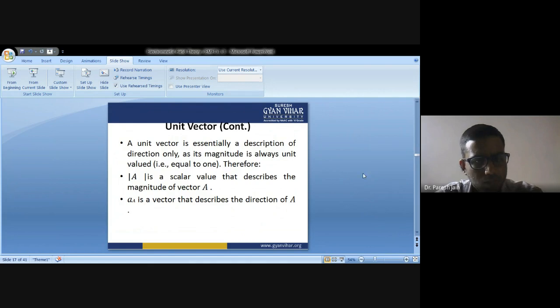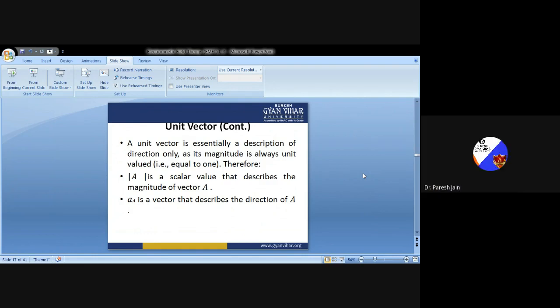A unit vector is essentially a description of the direction only, as its magnitude is always unit valued, that is, equal to 1. Therefore the mod of a is a scalar value that describes the magnitude of the vector a, and the unit vector a hat describes the direction of a.